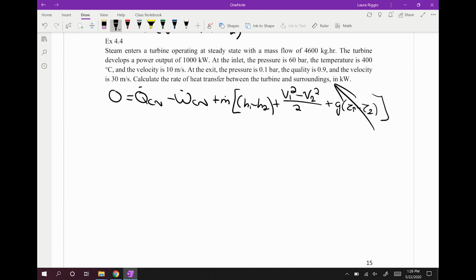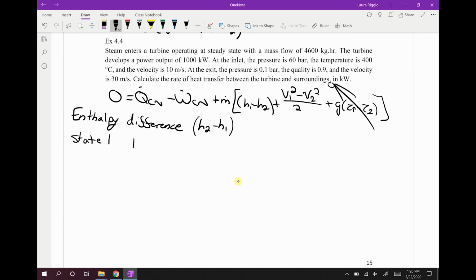We're still going to neglect potential energy because we're going to assume the inlet and outlet of the turbine are at the same relative height. So first we're going to look at the enthalpy difference, H2 minus H1.